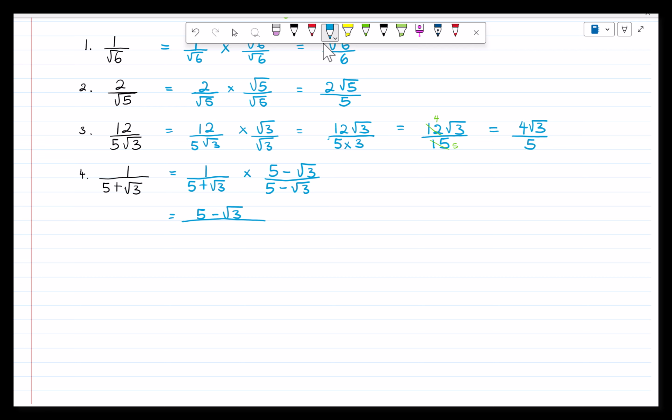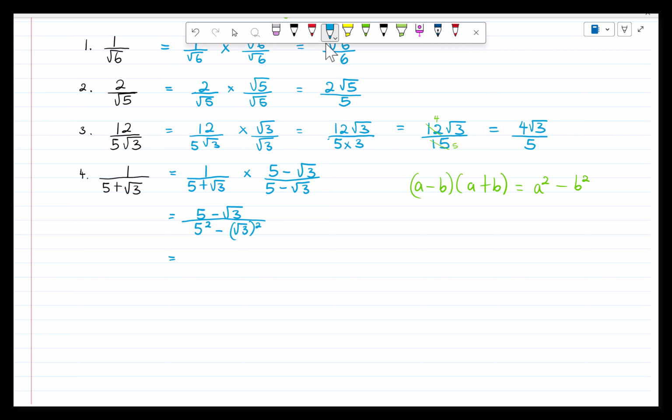Now, if we go back to algebra, remember, if we have a minus b multiplying a plus b, our solution would be equal to a squared minus b squared. So it is the same with surds. We have 5 plus root 3 multiplied by 5 minus root 3. So we're going to have 5 squared minus root 3 squared.